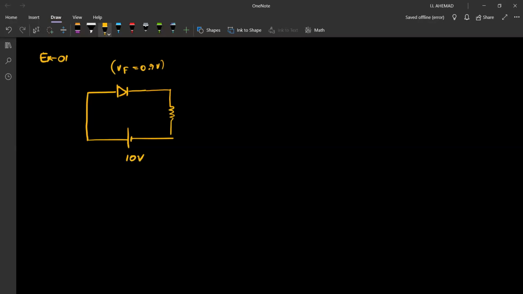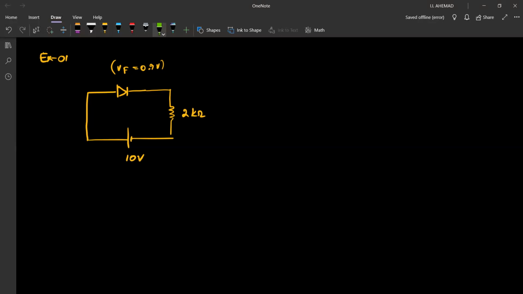Now here, we know this diode is forward biased. The positive side of the terminal is connected to the anode and the negative is connected to the cathode. So it is forward biased.